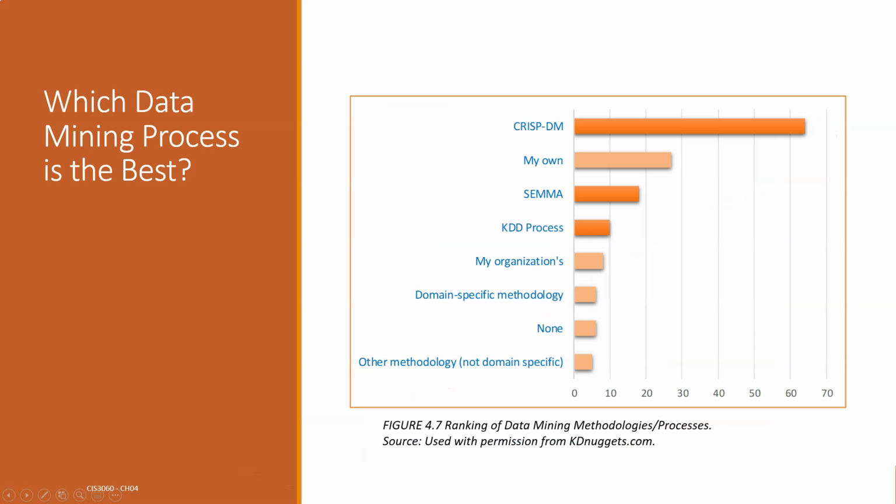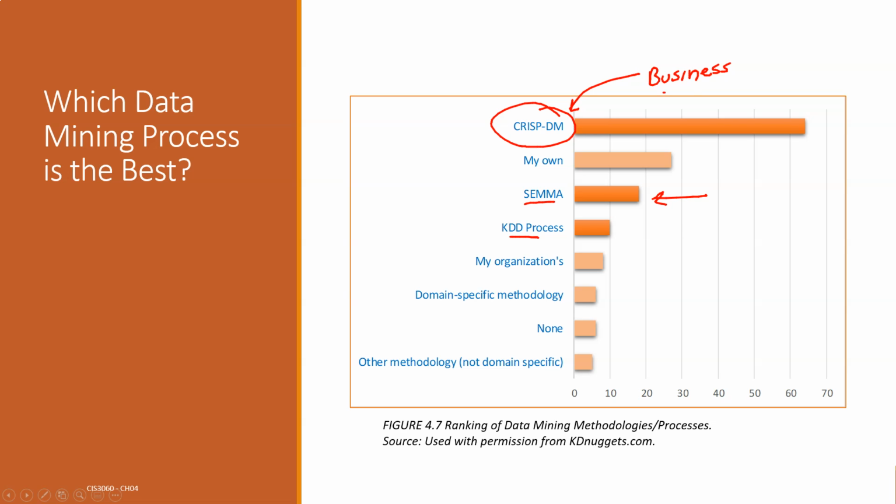So which data mining process is the best? Well, a quick survey from KDnuggets shows that CRISP-DM is the best. There are others. We've discussed SEMMA and KDD. However, CRISP-DM seems to be the most relevant, and I would say so because it has business goals in mind. SEMMA, however, is a little bit more scientific.